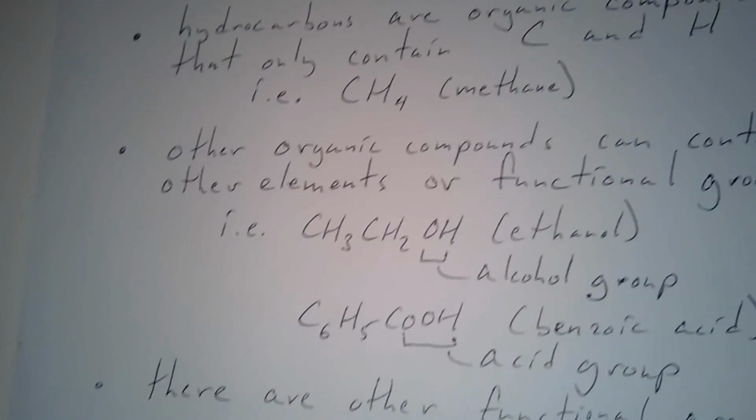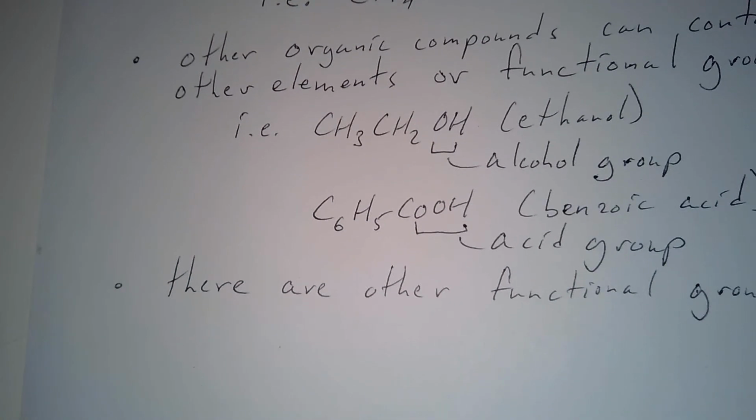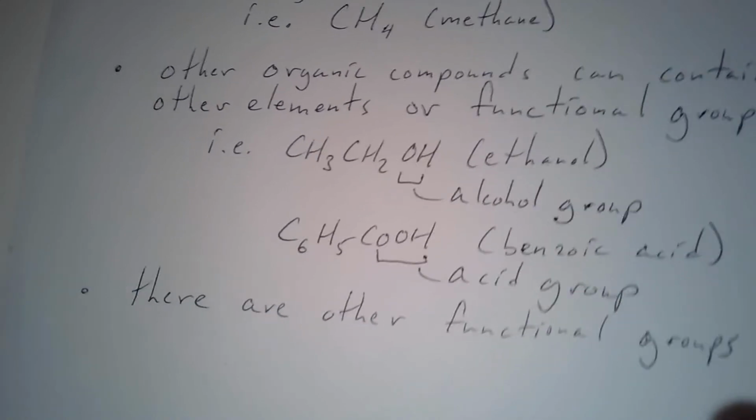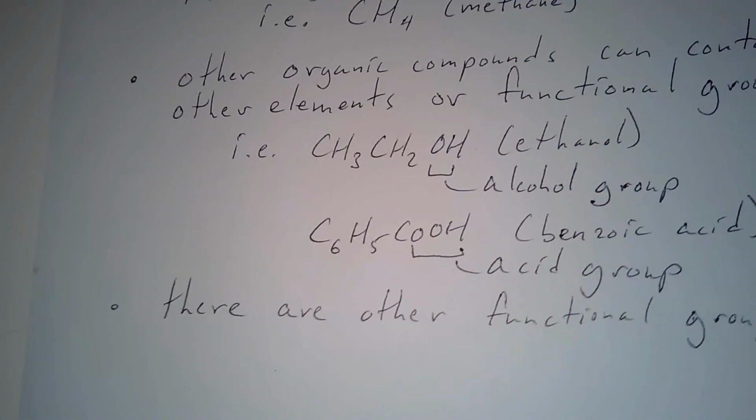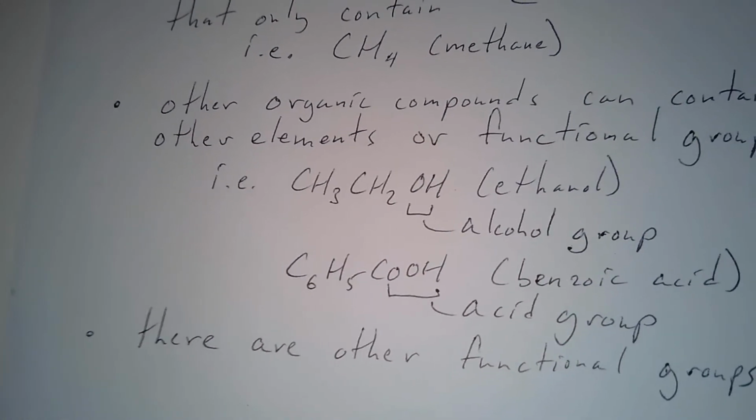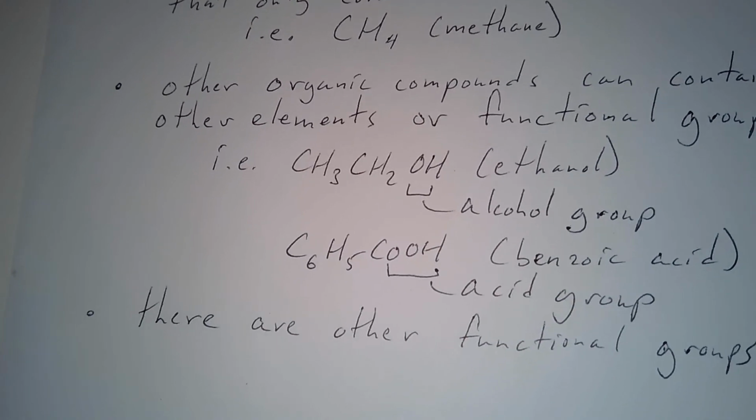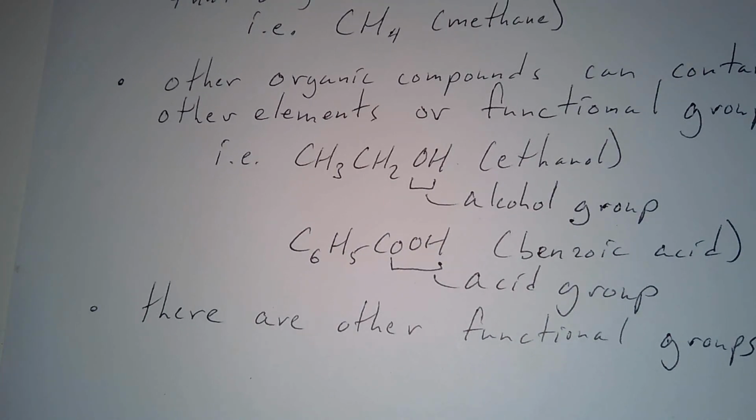And then beyond that, there's many other types of functional groups. Okay, so there's aldehydes, ketones, ethers, esters. There's a whole range of different types of organic compounds. Okay, so I'll get you to do some questions that relate to this.